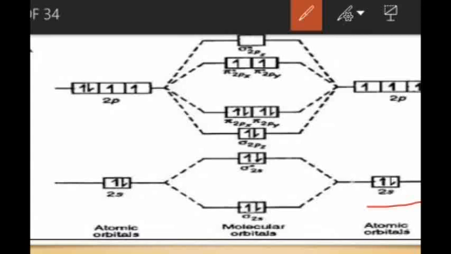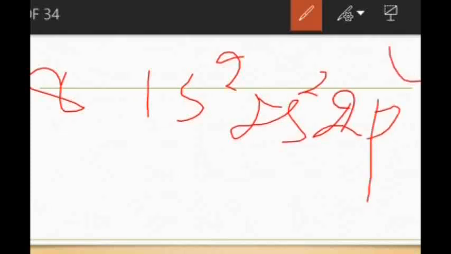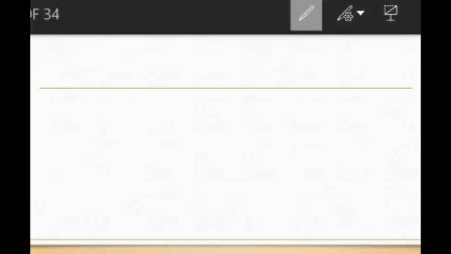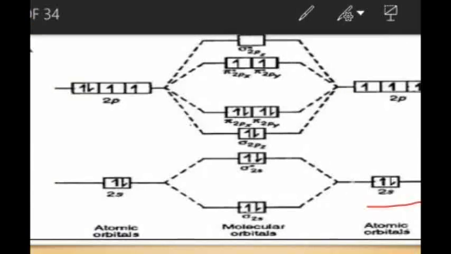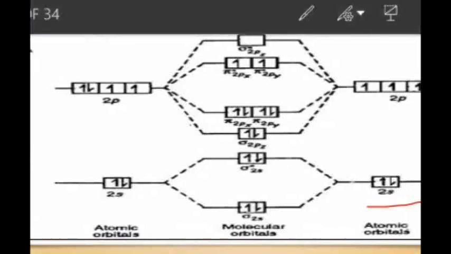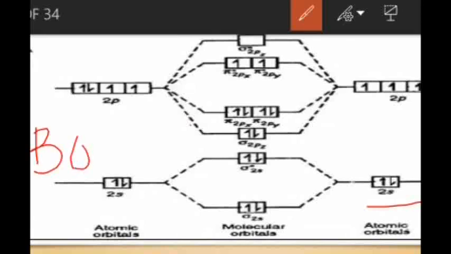Next is the oxygen molecule. Atomic number of oxygen is 8, so the electronic configuration is 1s2 2s2 2p4. The electron filling in the oxygen molecule is like this. So the bond order equals the number of electrons in bonding molecular orbitals minus the number of electrons in antibonding molecular orbitals.